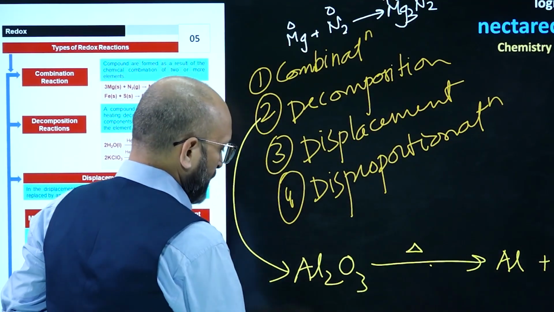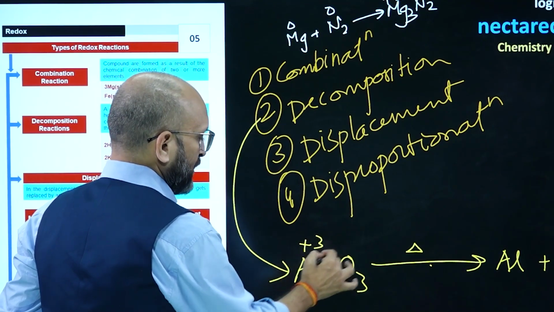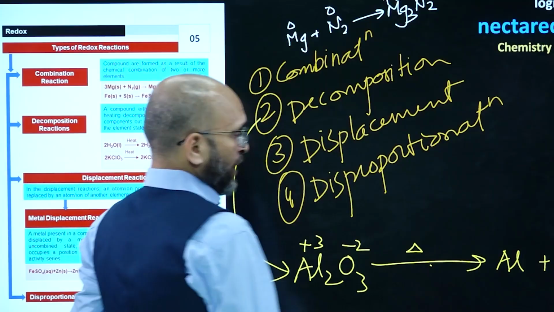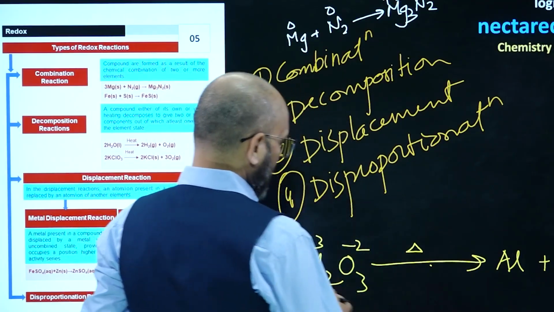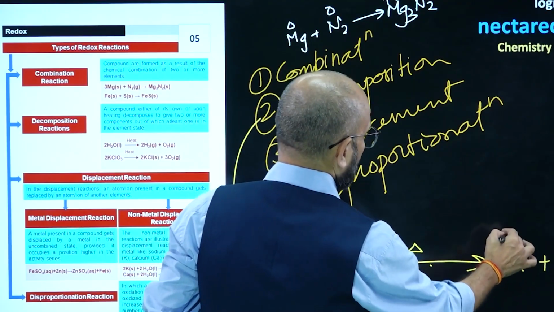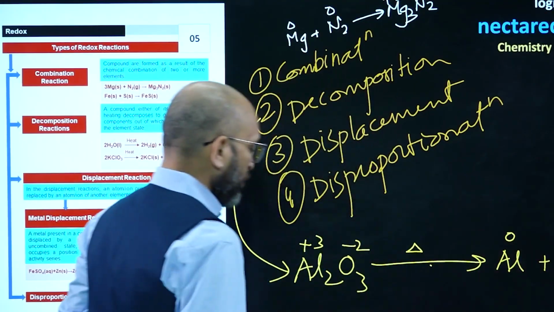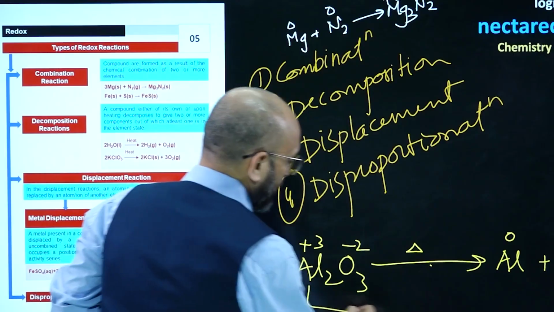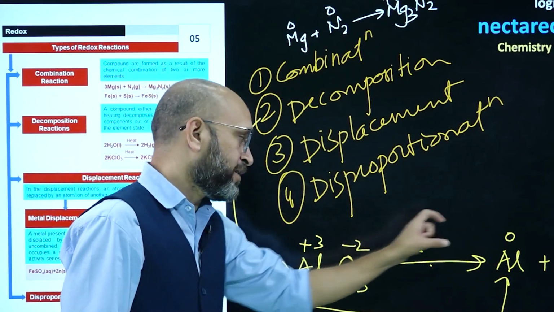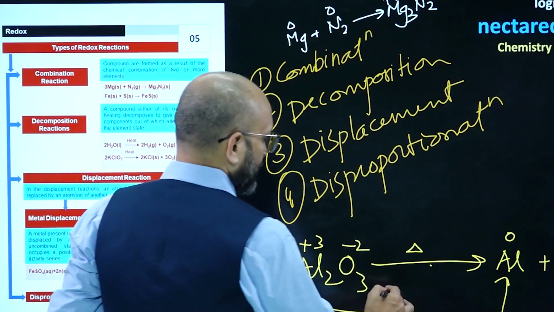Aluminum has an oxidation state of +3 and oxygen has an oxidation state of -2. If it breaks down, it will form Al. We can balance it, that will not be a problem. +3 to 0 oxidation state, and this will also be 0. So the oxidation state of aluminum is decreasing, +3 to 0.